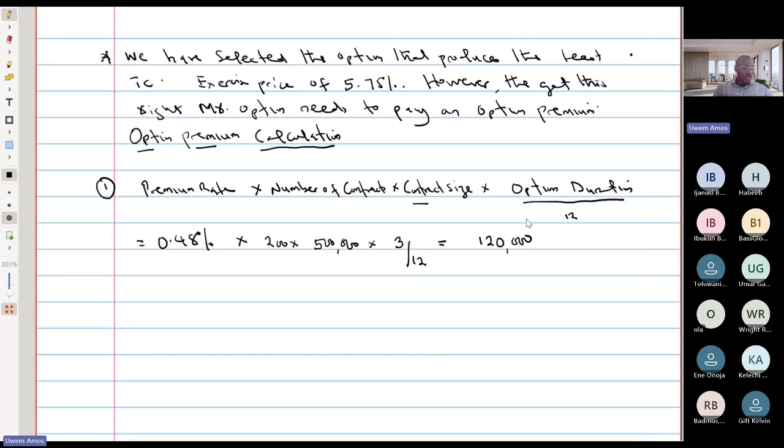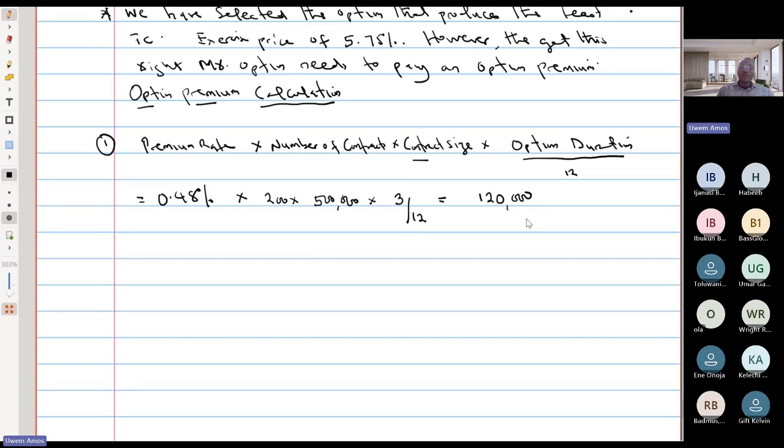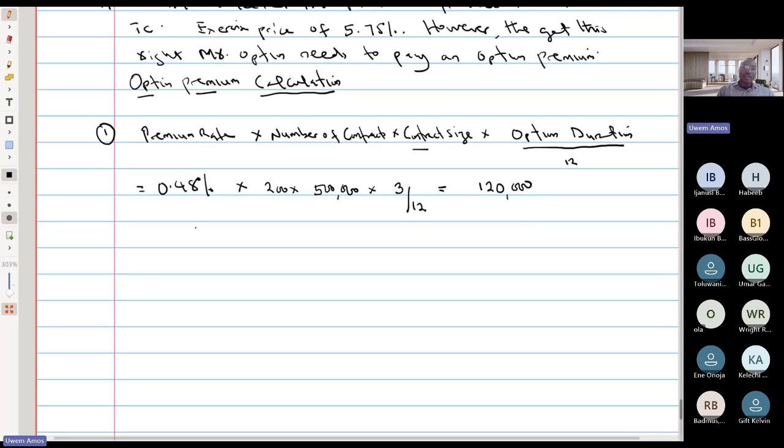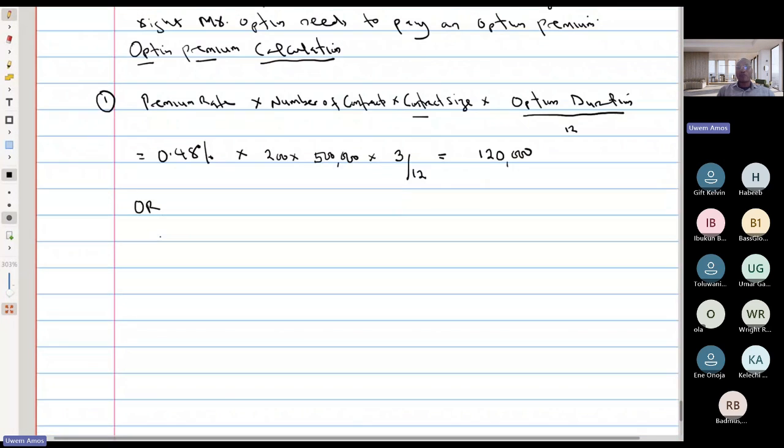I'm doing the two methods just in case you prefer the second, or in case you see another method in the Pathfinder, but any of the two is accepted. You don't have to do both, you only need to do one. So the second option would be the premium rate multiplied by 100.